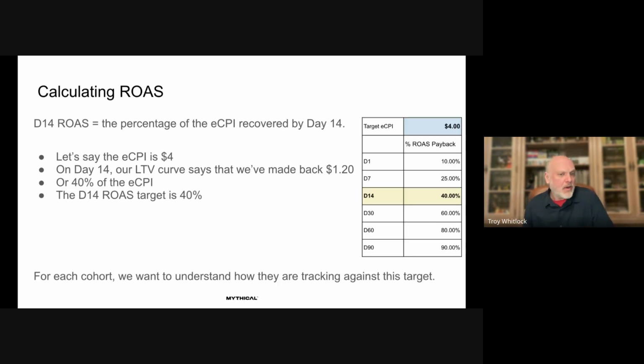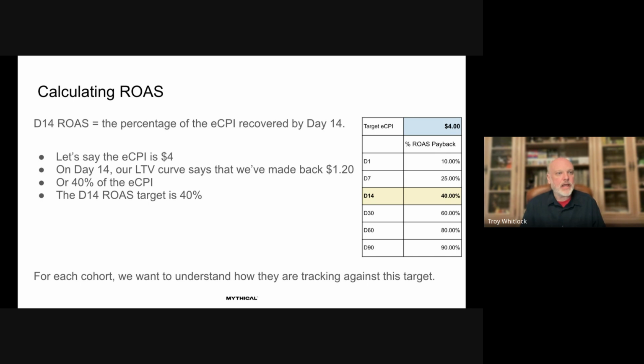That means we have a 40% D14 ROAS target. Usually up front, you want a chart of what our ROAS targets are for D1, D7, D14. That allows you, for each cohort you're installing, to understand very quickly how they're tracking against that target.